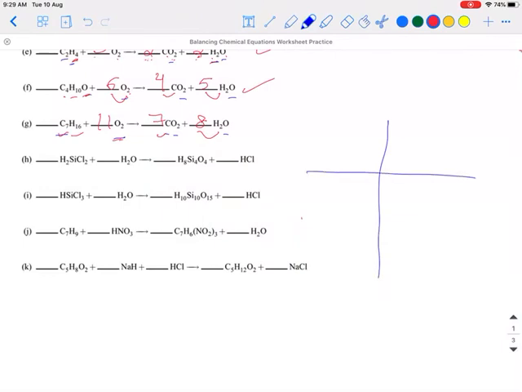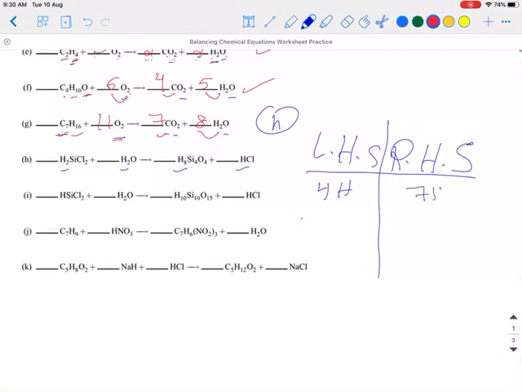Again, we will count the number of atoms on both sides in part H. So left hand side, right hand side, in an attempt to make them equal. 2 hydrogen on the left hand side sum up to 4 hydrogen. On the right hand side, H8 and 1, which is 7 hydrogen.